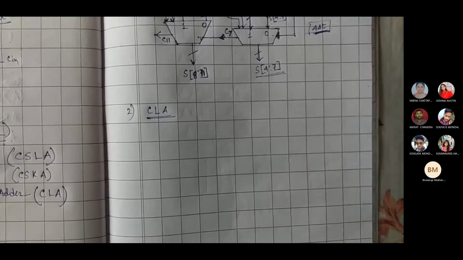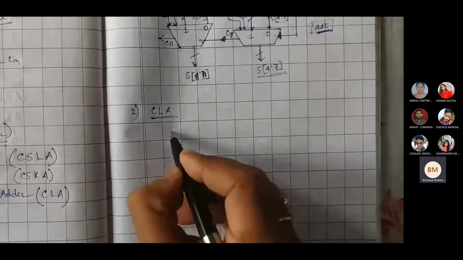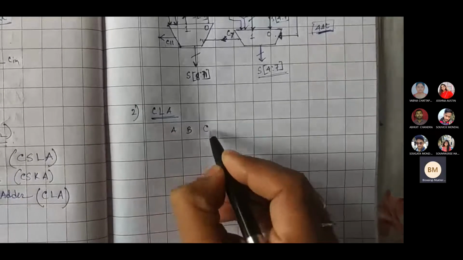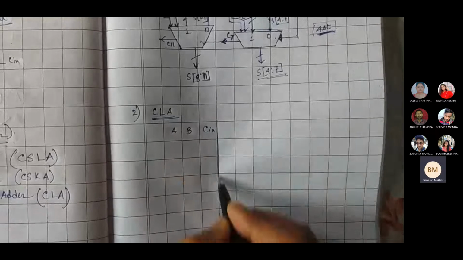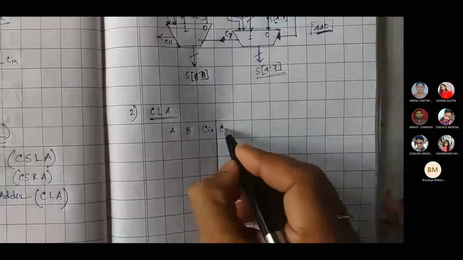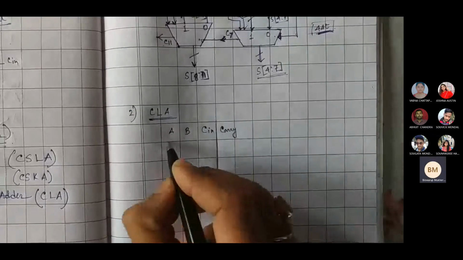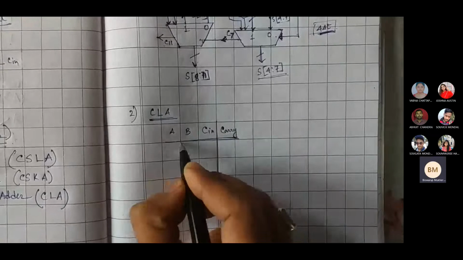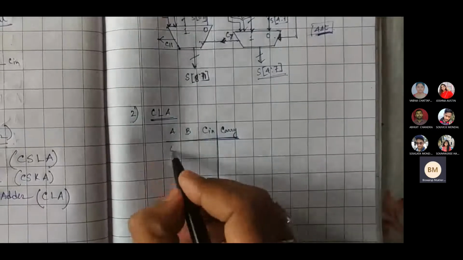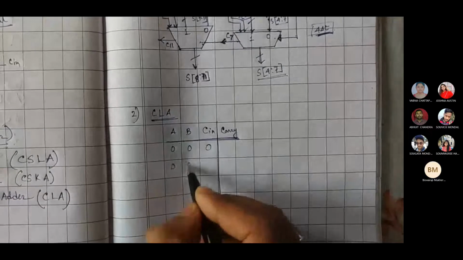For that, let us draw the truth table first for a simple full adder. As we know, the main problem is occurring for carry, so let us try to make the carry with some other logic.